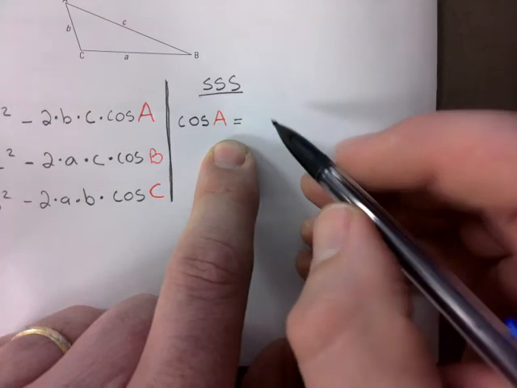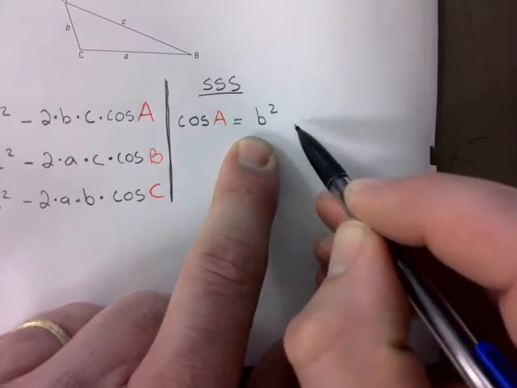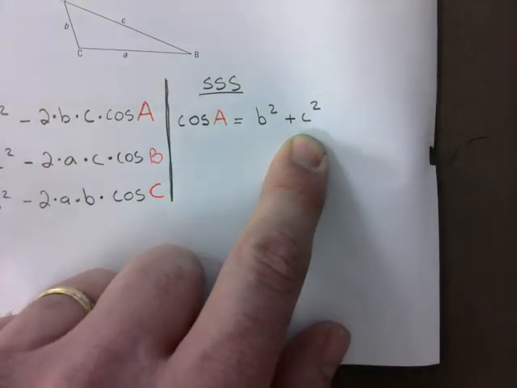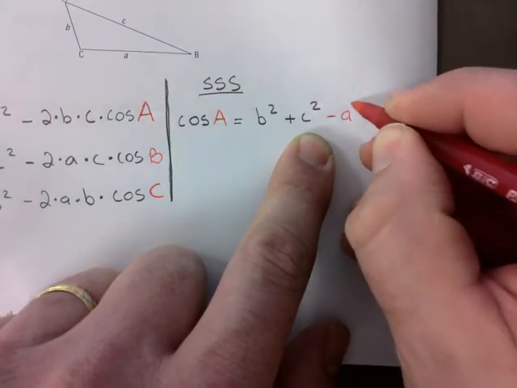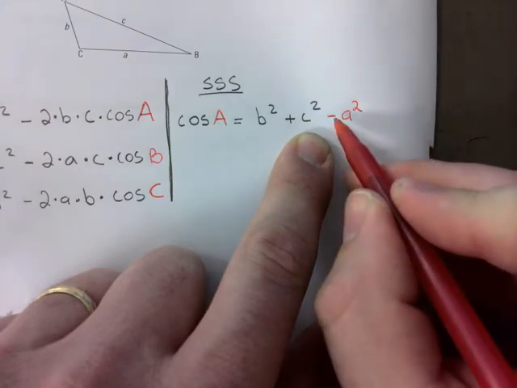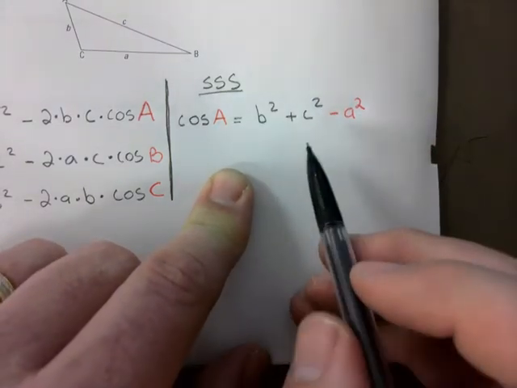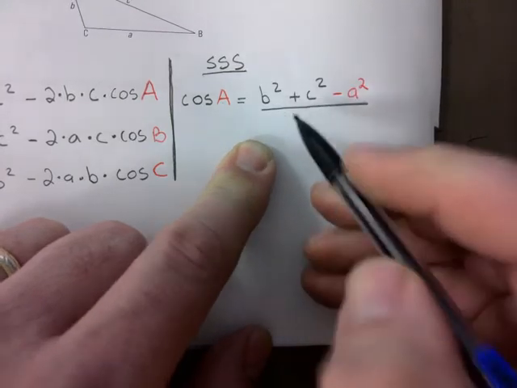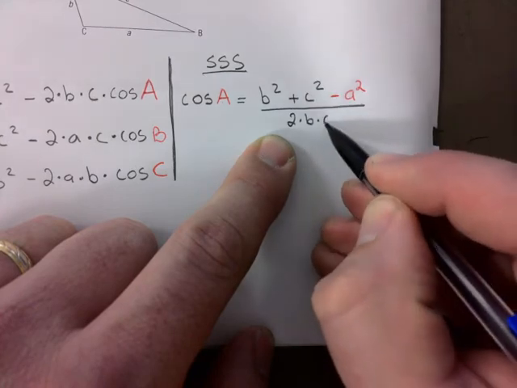That is equal to b squared plus c squared. Watch this. I'm going to go minus a squared. See, there's a minus there. It's very important that you get that right. All of that is over 2 times b times c.